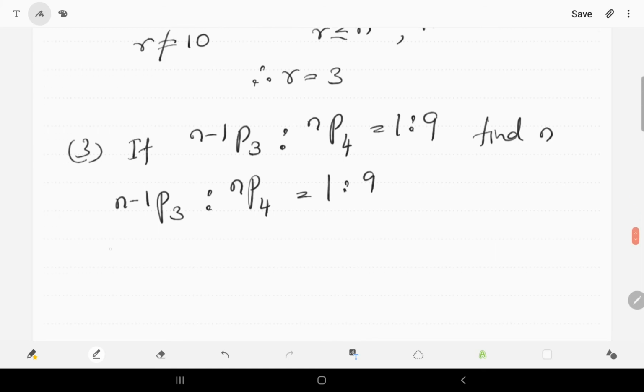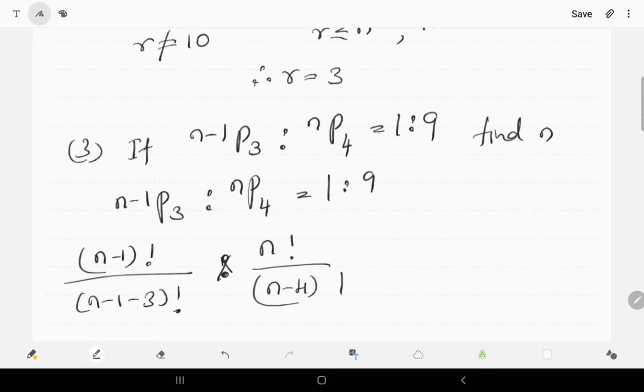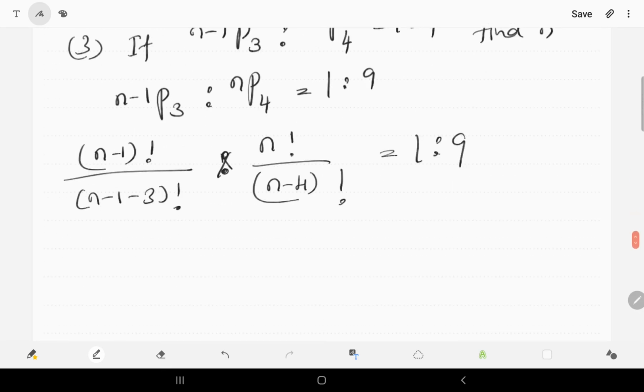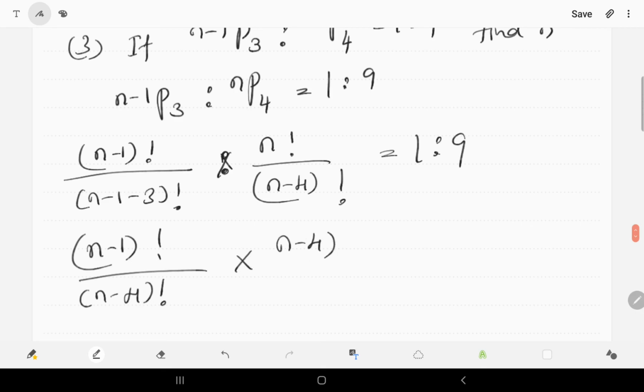This can be written as (n minus 1) factorial divided by (n minus 1 minus 3) factorial, divided by n factorial divided by (n minus 4) factorial, is equal to 1 by 9. Converting division to multiplication, (n minus 1) factorial divided by (n minus 4) factorial into (n minus 4) factorial divided by n factorial is equal to 1 by 9.